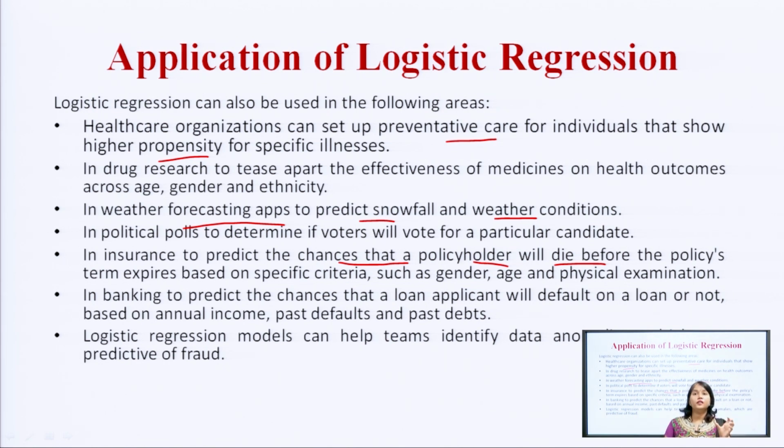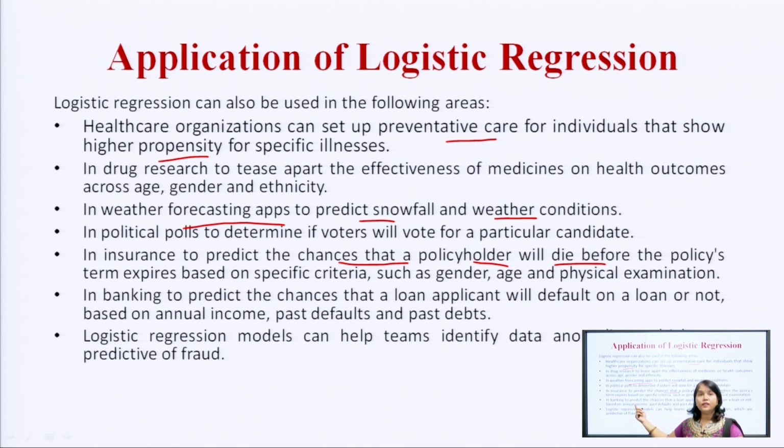They check the background detail, whether he has any disease. If he has any critical disease, then they do not provide the insurance to you. So insurance predicts the chances that a policy holder will die before the policy term expires.